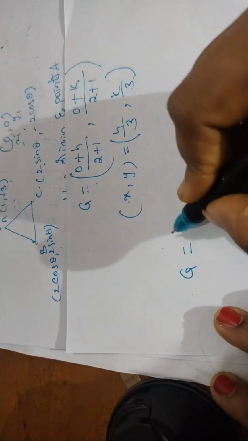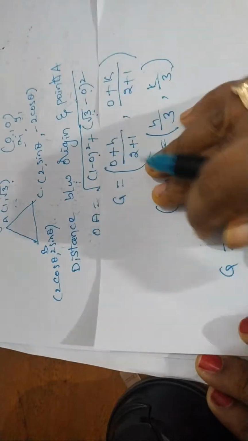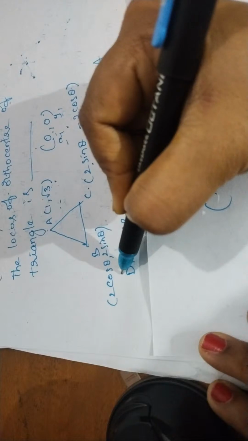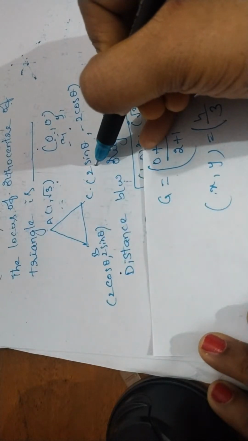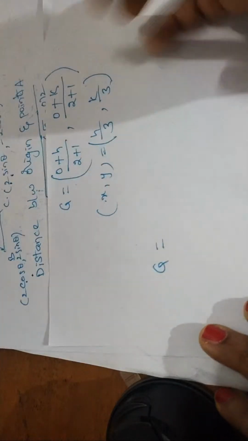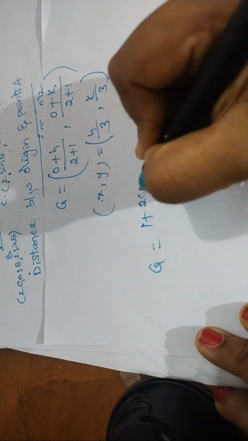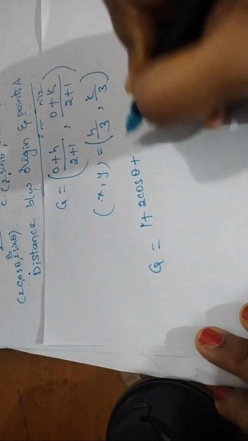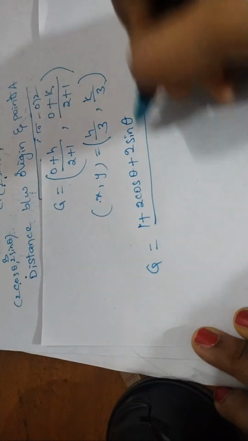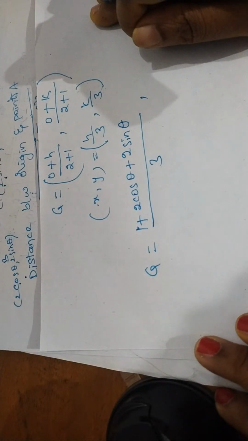The formula is x = (x1 + x2 + x3)/3. So what is x1 here? x1 is 1, x2 is 2 cos theta, and x3 is 2 sin theta. So write this formula: (1 + 2 cos theta + 2 sin theta)/3, comma, next (y1 + y2 + y3)/3.